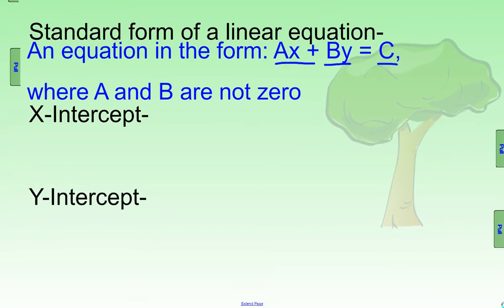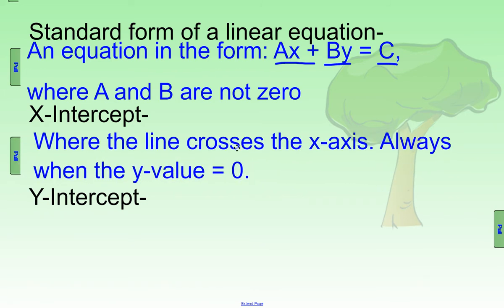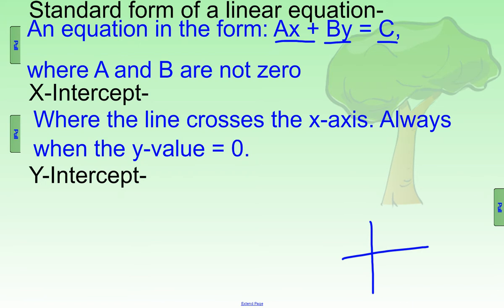X and y intercepts. The x-intercept is where the line crosses the x-axis. So if I made myself a little picture down here, and I make a line where the line is crossing the x-axis right here, that is the x-intercept.